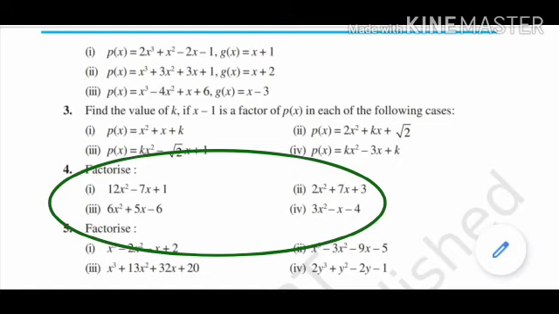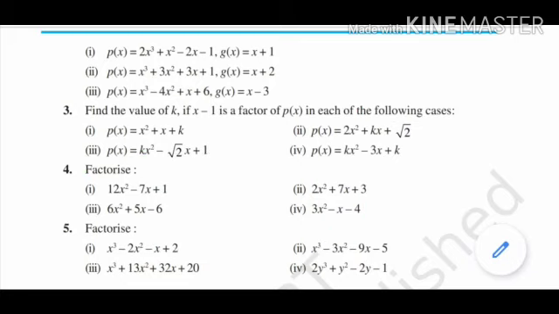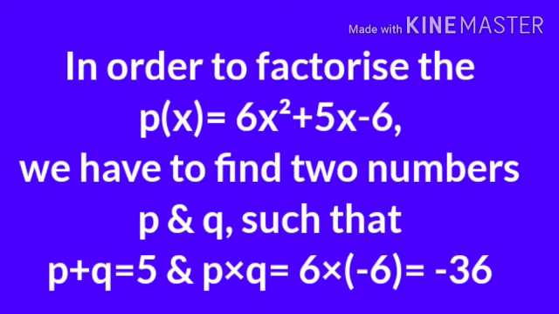As you can see on the screen, these are quadratic polynomials, and we have to factorize them by the method called splitting of the middle term. You have learned about it in class 8. Let us factorize the polynomial given in part 3 of question number 4. Here we have the polynomial 6x squared plus 5x minus 6.